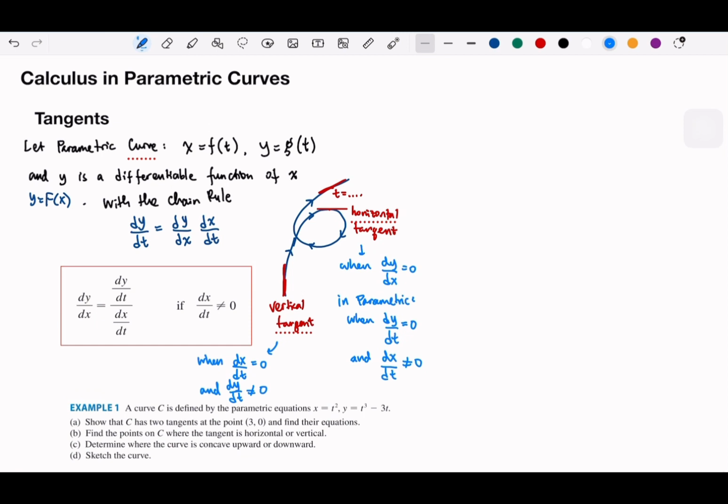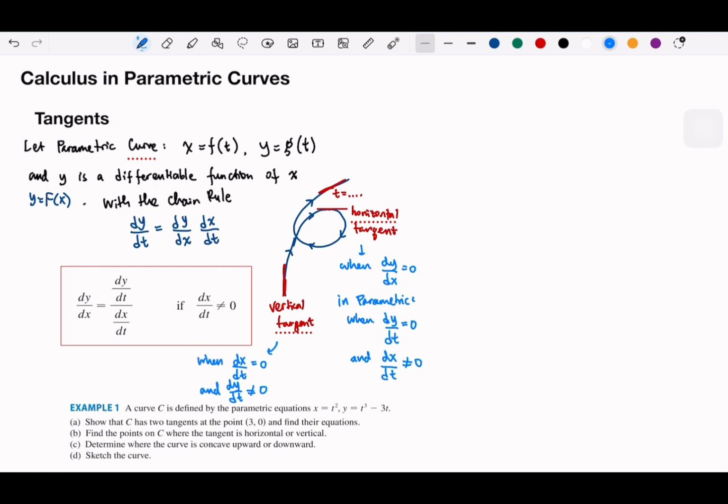In calculus 1, we learned the first derivative and how to find the tangent, the equation of the tangent line, etc. And of course, in parametric, we will also do that later, finding the equation of the tangent line. But another thing is the second derivative, the second derivative from calculus 1. Now, what will be the second derivative of this?